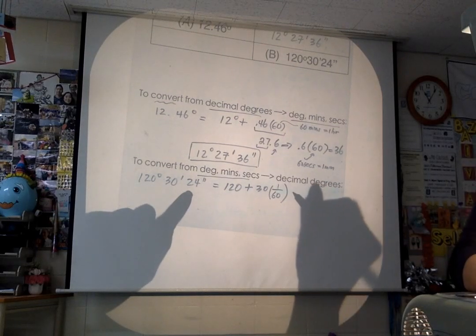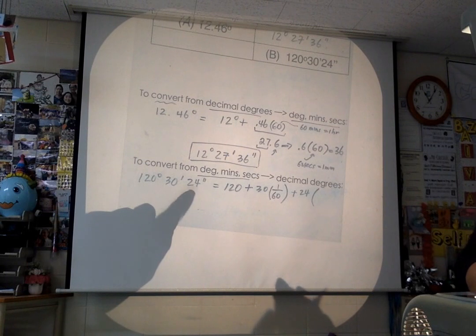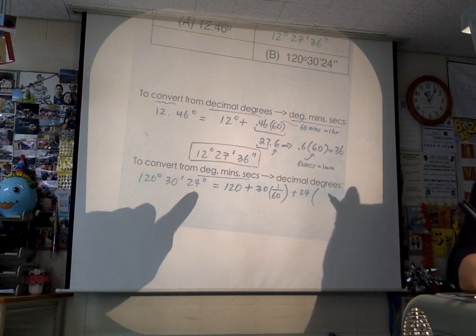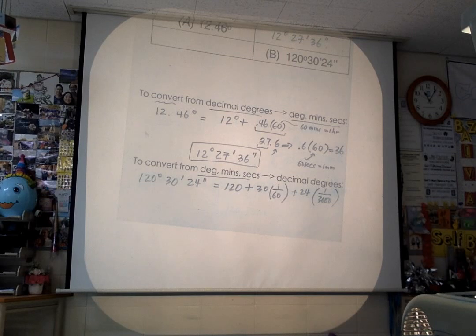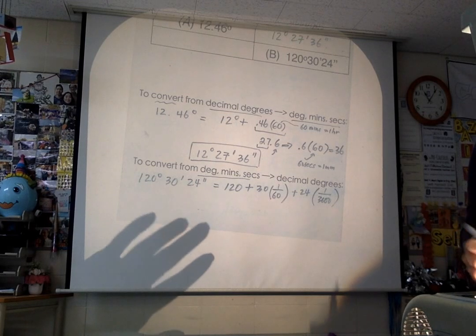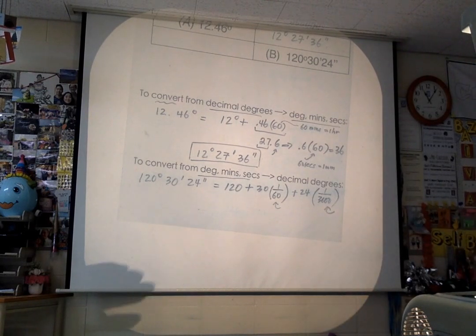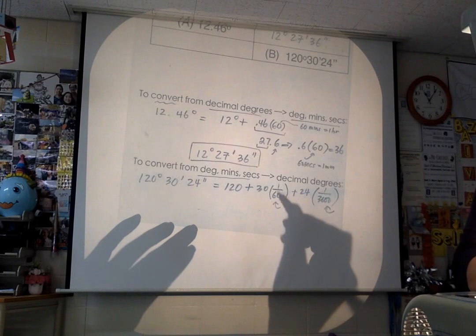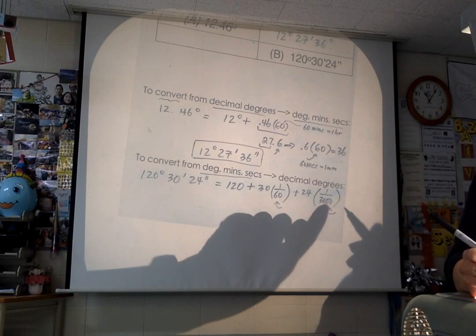Now, how about 24? It's seconds, right? How many seconds in 60 minutes? It's 60 times 60, which is, you got it, 3,600. Now, if you are having trouble understanding this part right here, ask your buddy next to you. So it's going to be 24 over 3,600, because there are 60 seconds in each of 60 minutes.